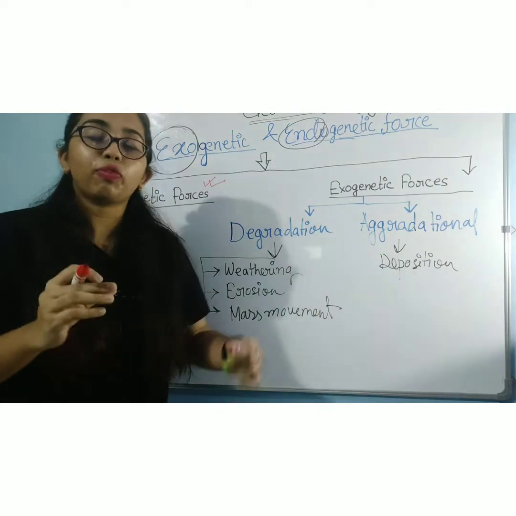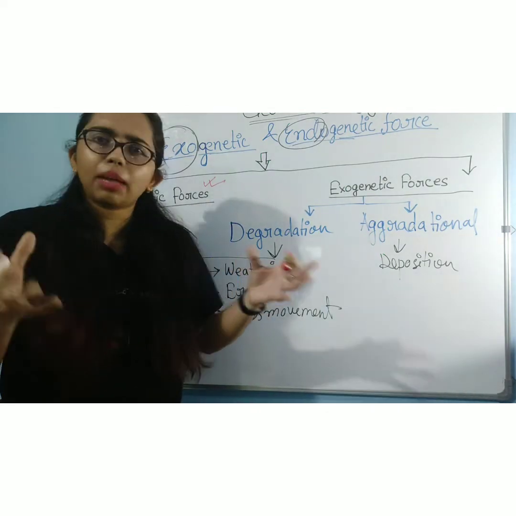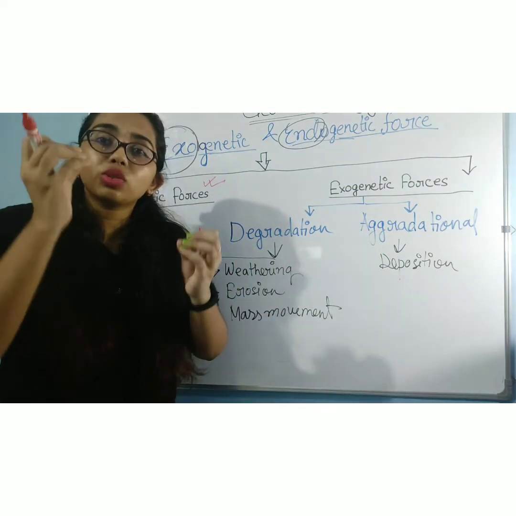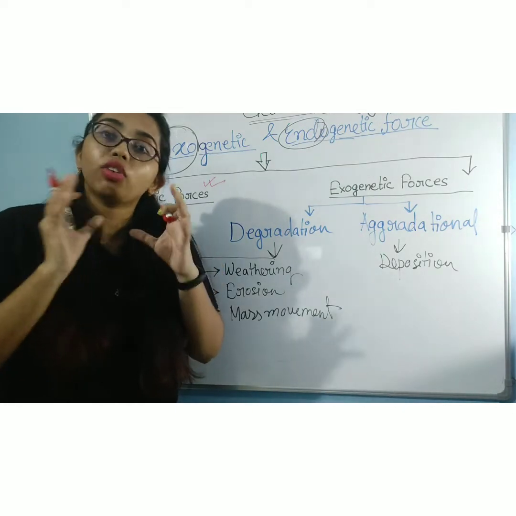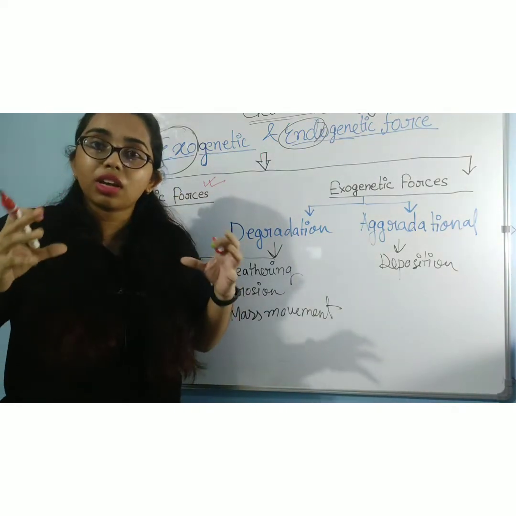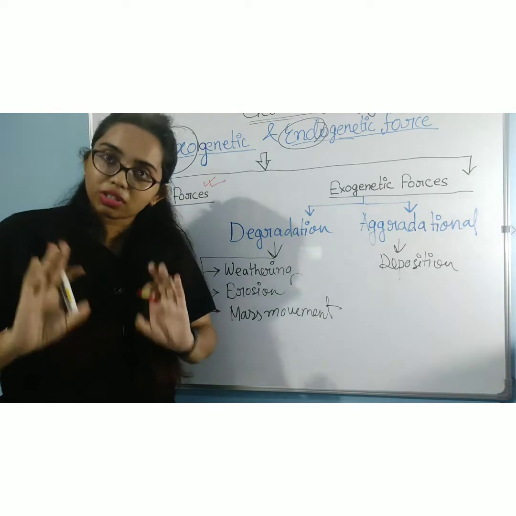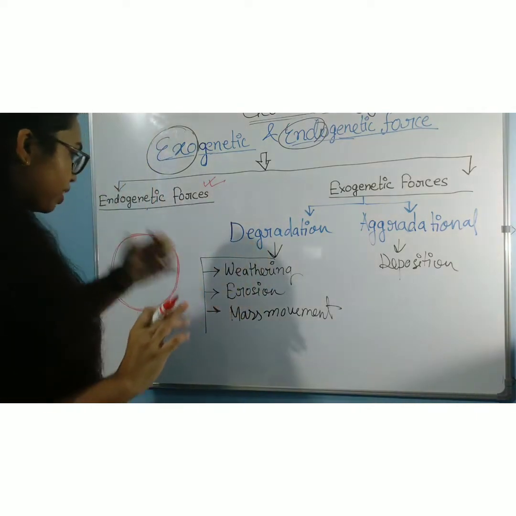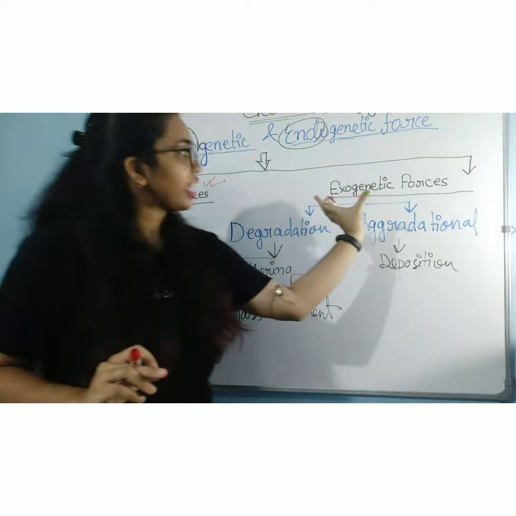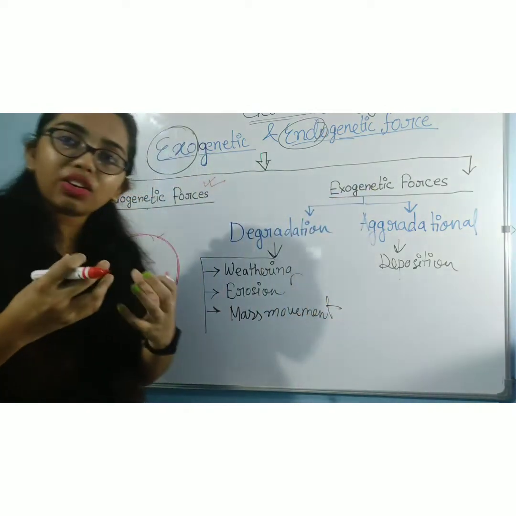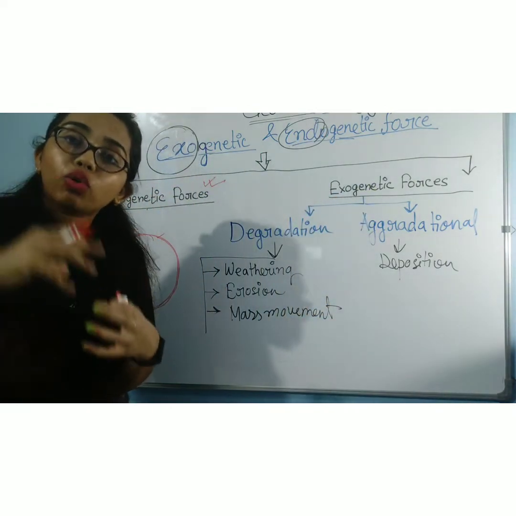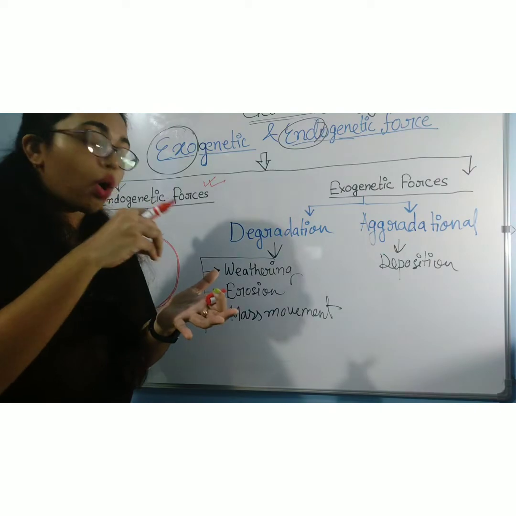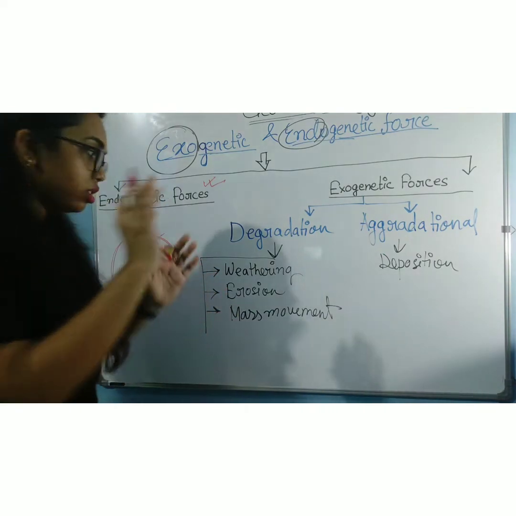That surface is made up of different types of rock. So this weathering works on that rock. As it is an exogenetic force, some exogenetic forces work on the surface of the earth.